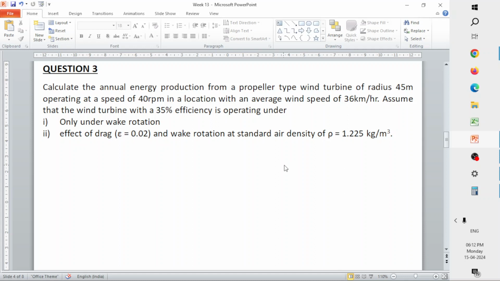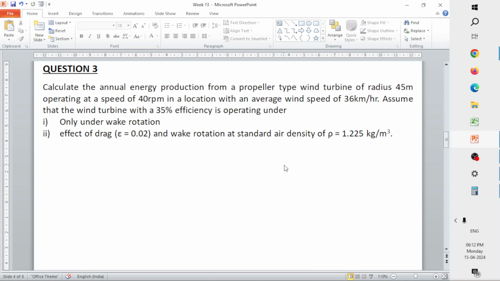They are asking us to assume that the wind turbine is operating with a 35% efficiency, and there are two different conditions. One is only under wake rotation, and the other where both the wake rotation as well as drag are present.